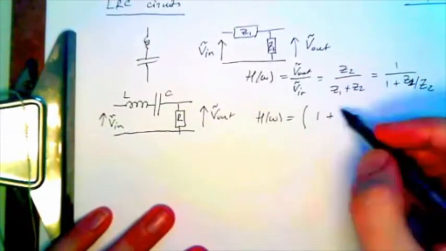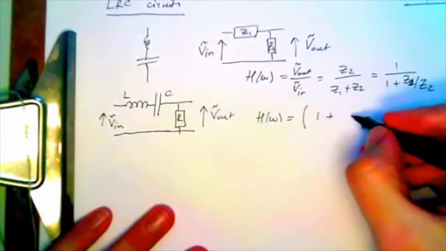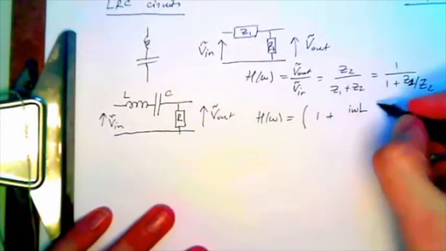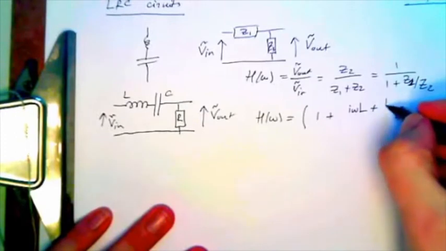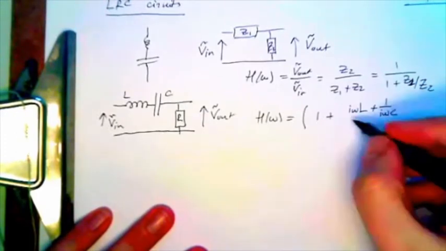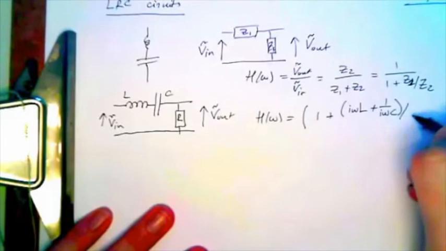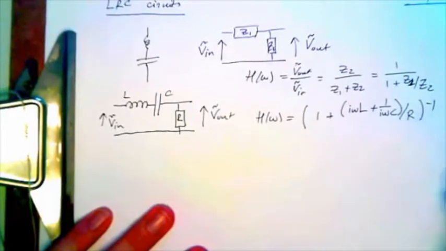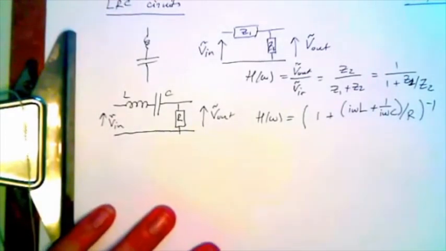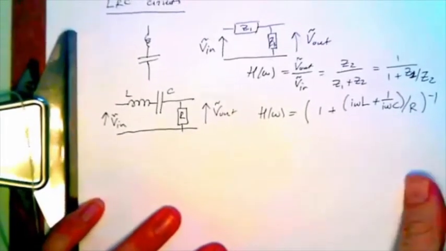Now, Z1, series of these 2, so that's i omega L plus 1 over i omega C, divided by R, to the power minus 1. So that's our transfer function.